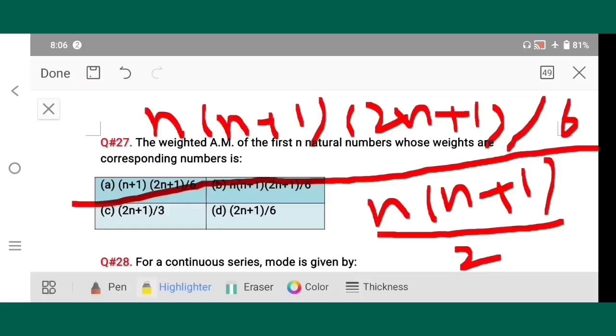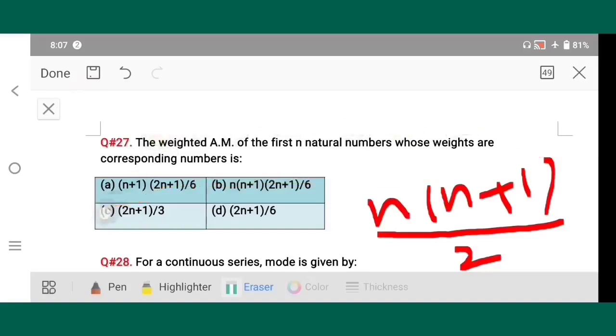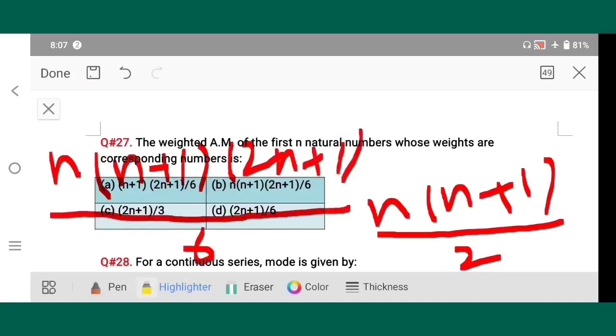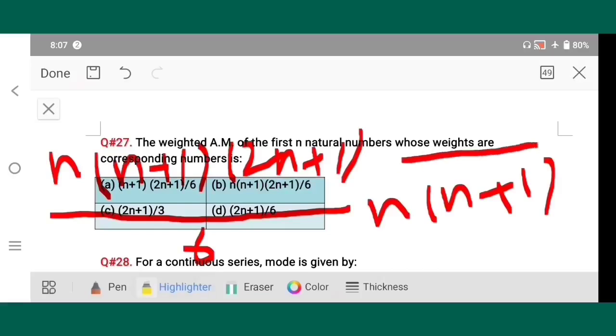I am going to write it down: n into n plus 1 into 2n plus 1 divided by 6, and just 2 over here.